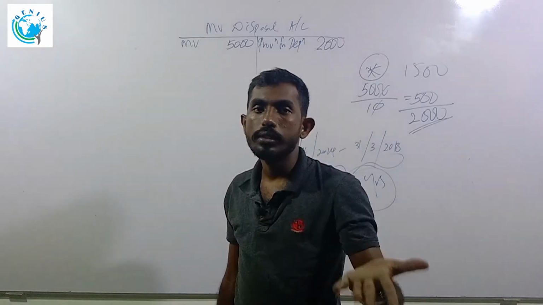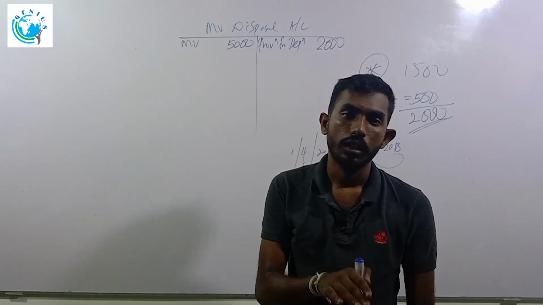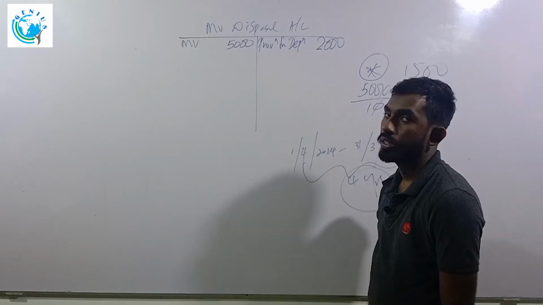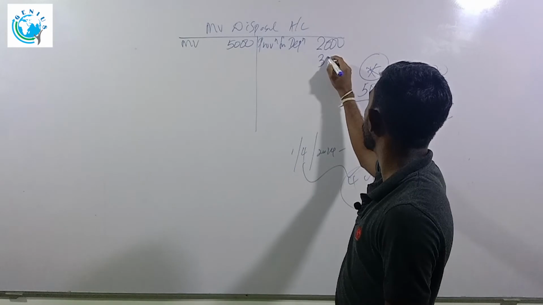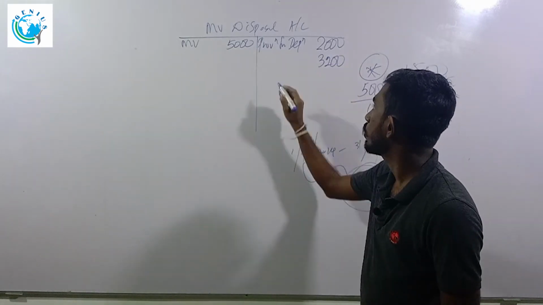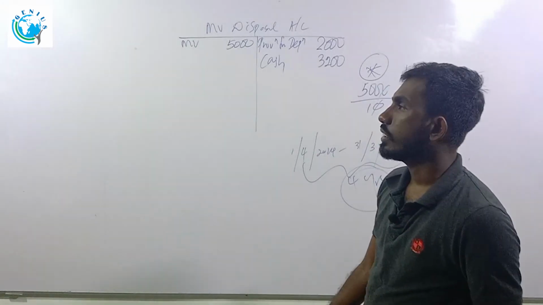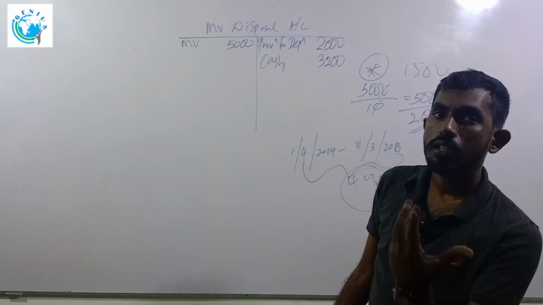Okay. Third step, you have to record the cash that you are receiving. You are receiving 3,200. Therefore, cash debit, disposal account credit 3,200 cash. Final step, you have to balance this account and you have to find the profit or loss.